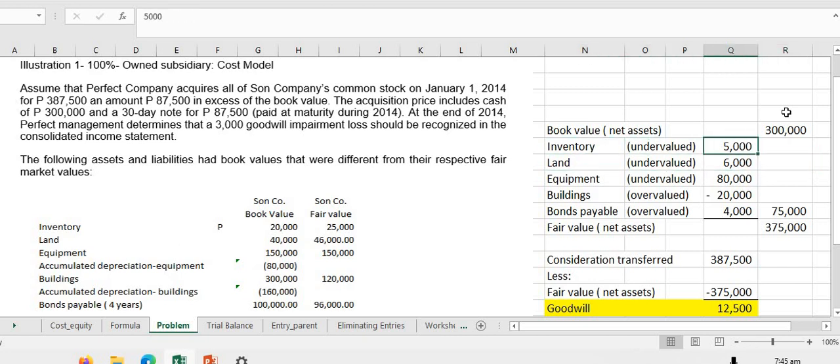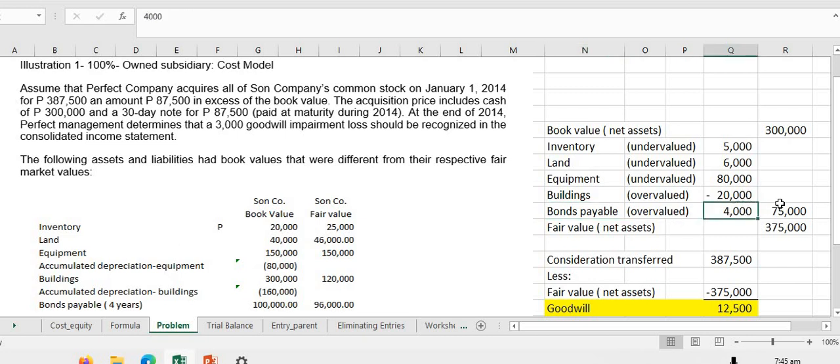So we have here the inventory undervalued by 5,000, the land undervalued by 6,000, and our equipment actually undervalued by 80. Our building is overvalued by 20, and our bonds payable overvalued by 4,000.